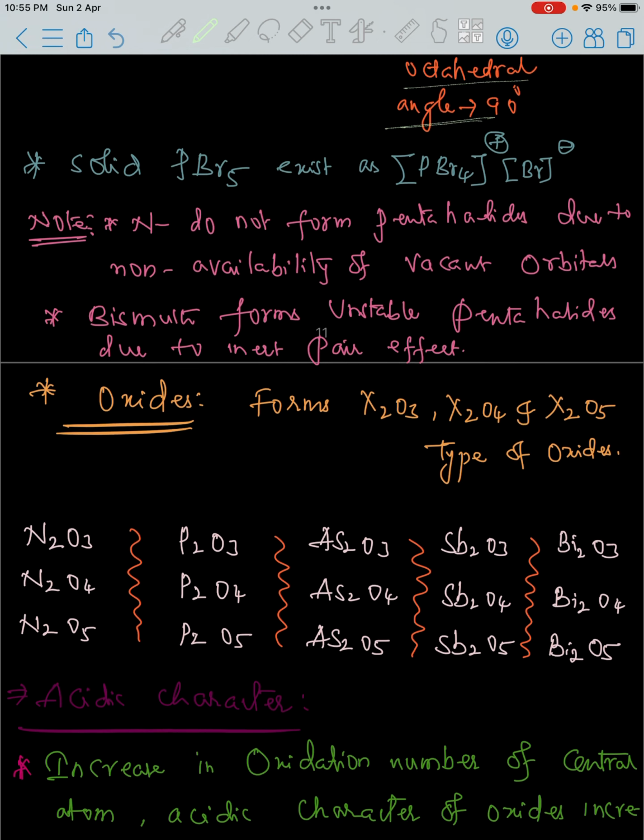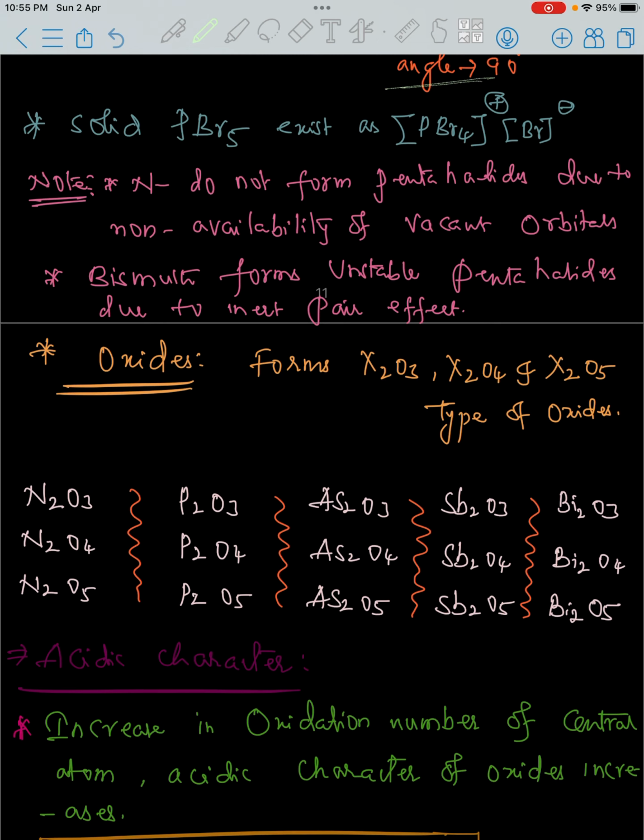Now solid PBr5 can exist as PBr4 plus Br minus, but not like PCl5. Sir, see here, I gave you a note also. Nitrogen does not form pentahalides due to non-availability of vacant d orbitals.